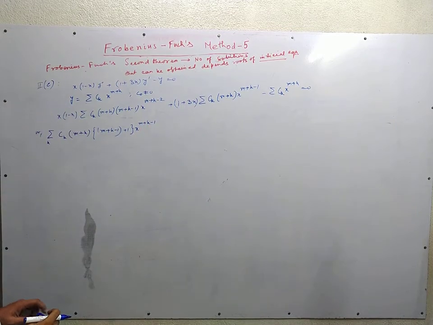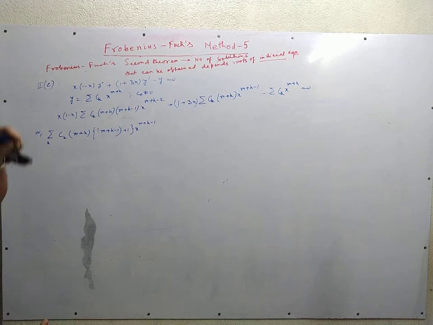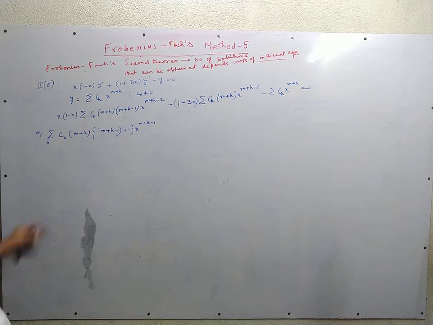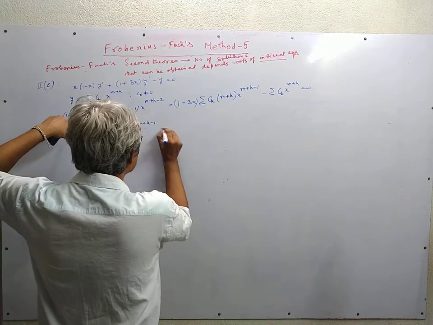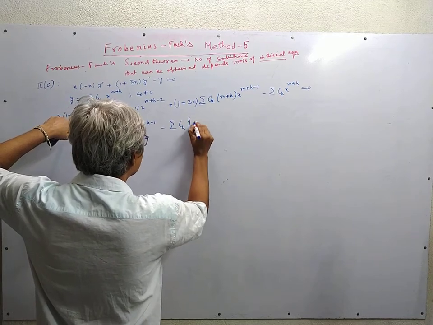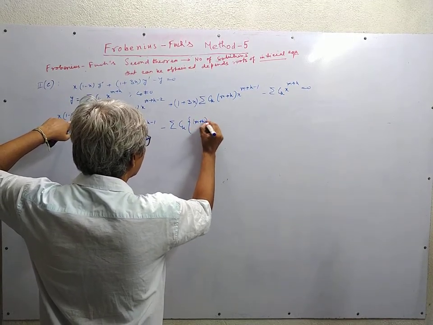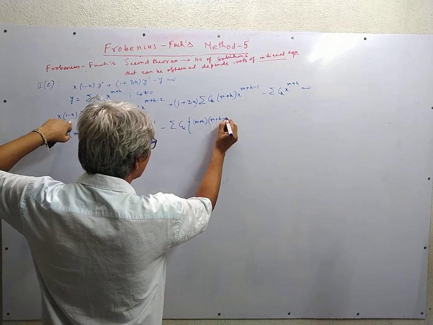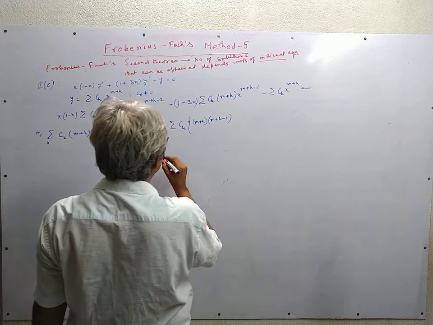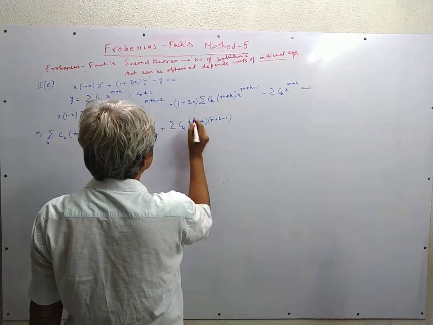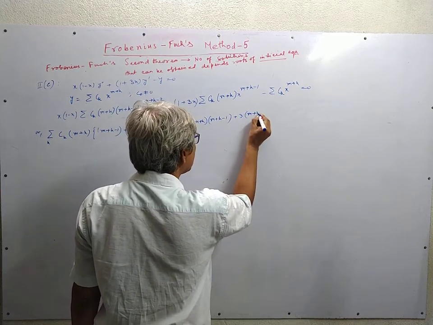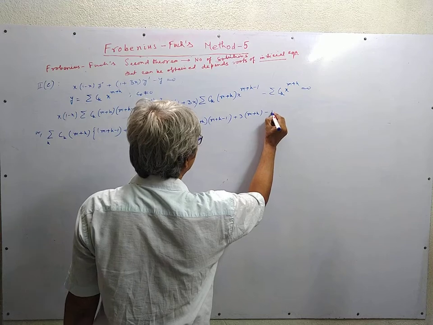And all the other three terms have x to the power m plus k. So this sign is with minus. This term is minus, this term is plus 3 m plus k, and this term is minus 1.